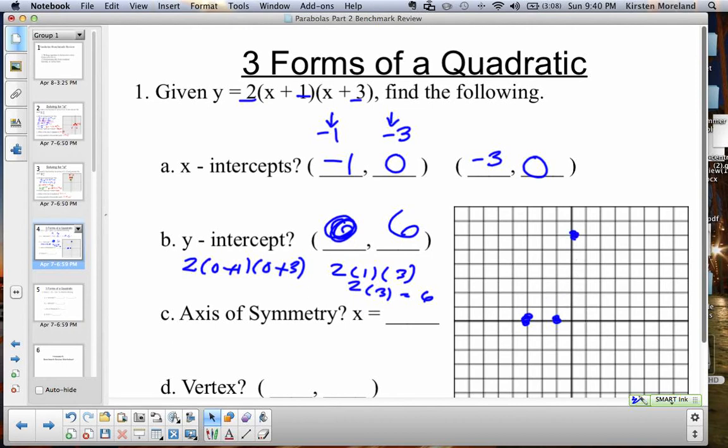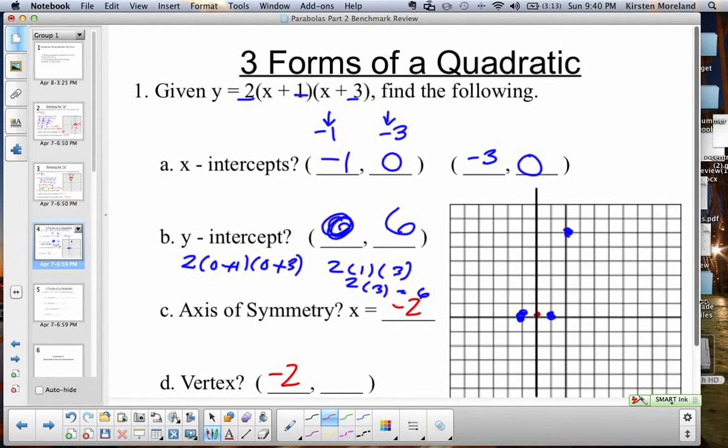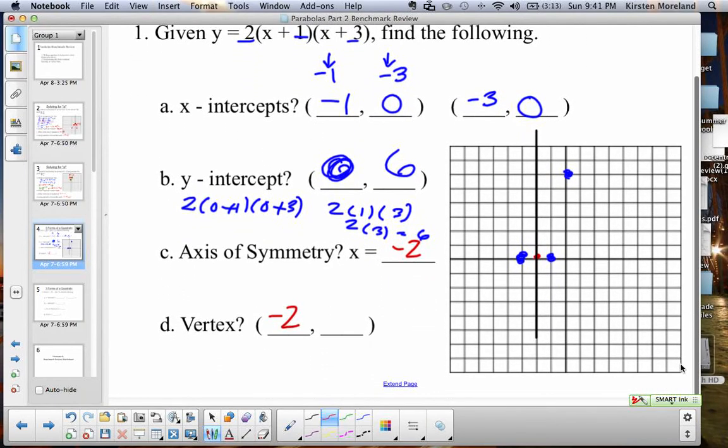Next thing I need to do is find the axis of symmetry. Directly in the middle of -1 and -3 is -2. So my axis of symmetry is right down the middle here at x equals -2, which really means the x-coordinate of the vertex is -2. So what's nice now is I just take my equation y equals 2 times x plus 1, x plus 3, and I now know that x is -2.